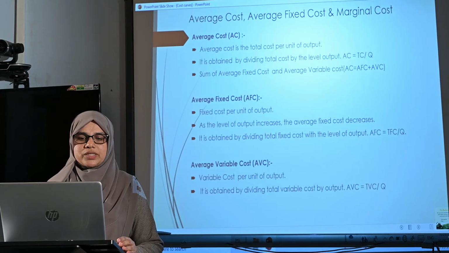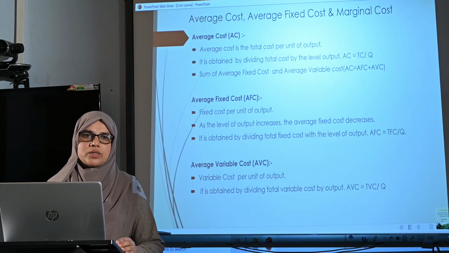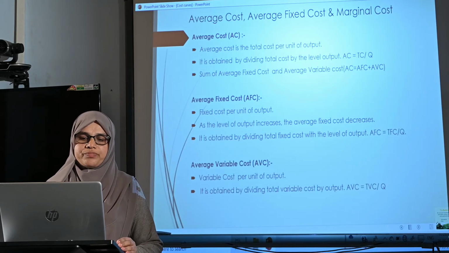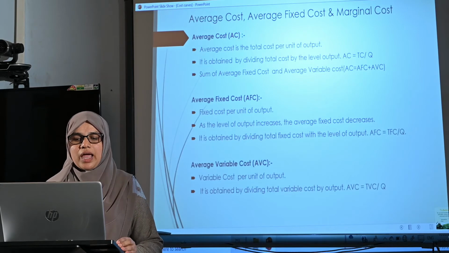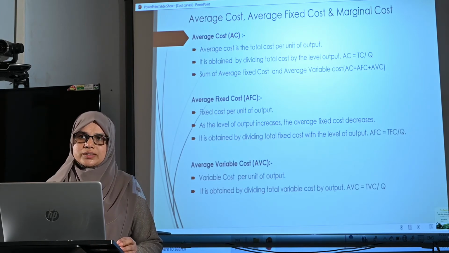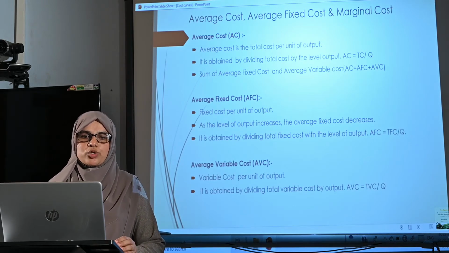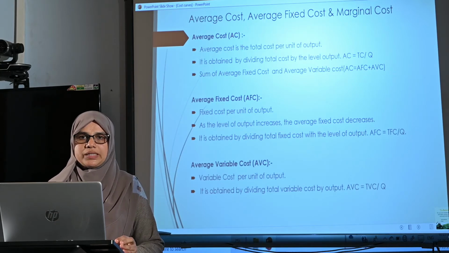Next, average fixed cost. Average fixed cost is the fixed cost per unit of output. As the level of output increases, average fixed cost decreases throughout its length. Average fixed cost is obtained by dividing the total fixed cost by the level of output.